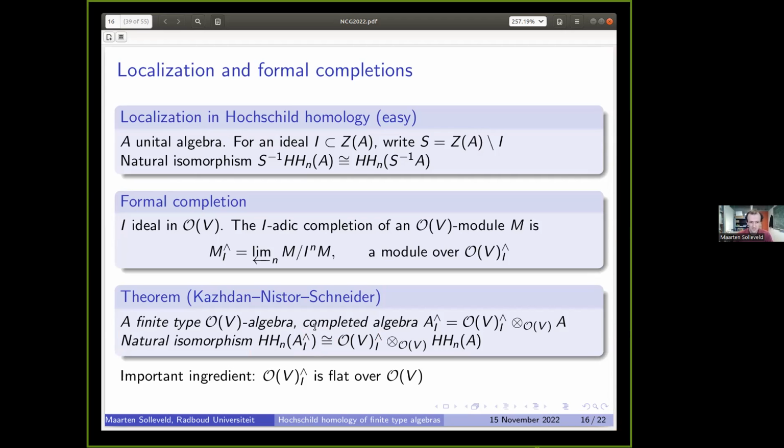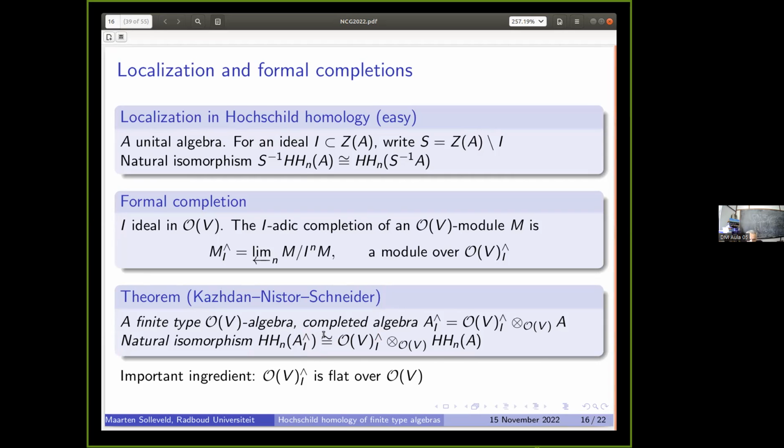Well, there are complications. You must say precisely what you mean here by Hochschild homology, because in this process, you have introduced an algebra which has additional structure. It has some kind of I-adic topology, or you can say it's a filtered algebra, and you must take that into account when computing Tor groups or defining Hochschild homology.